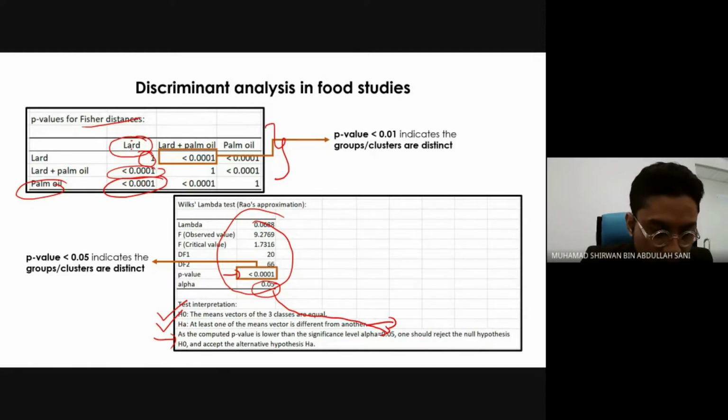So we will reject this null hypothesis, which means what? At least one of the mean vectors is different from another. It indicates that the groups of lard and palm oil mixture and palm oil only are indeed different from each other. Okay, so this is an indicator that your discriminant model is able to differentiate the types of sample that you have.